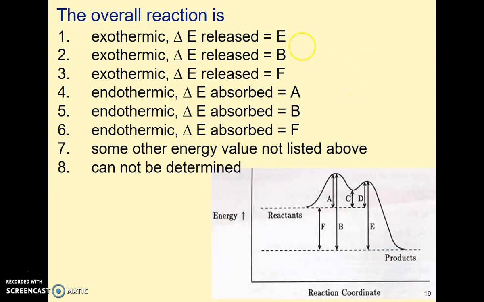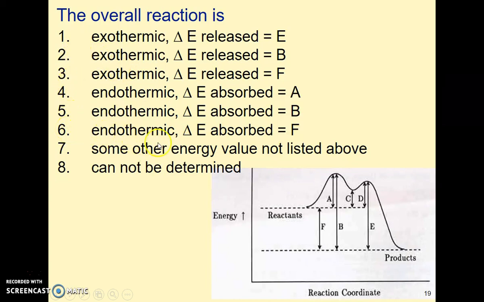And then last but not least, this is always the hard one. So it asks about this overall reaction. We have reactants versus products, and here the reactants have more energy than the products. That means energy was released, and when energy is released, the reaction is exothermic. So that eliminates 4, 5, 6.